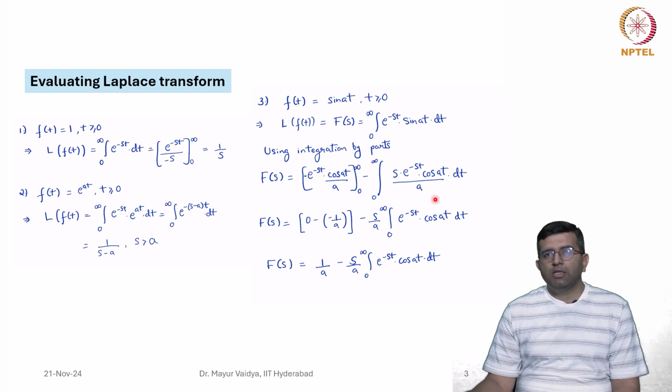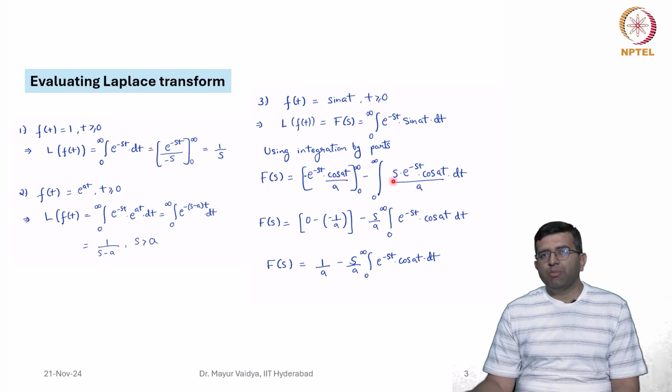I suggest you can once again look at the formula for the integration by parts. Now you have the integral from 0 to infinity. The differential of e power minus st is minus s into e power minus st, and the integration of sine at, as I told before, is minus cos at by a.